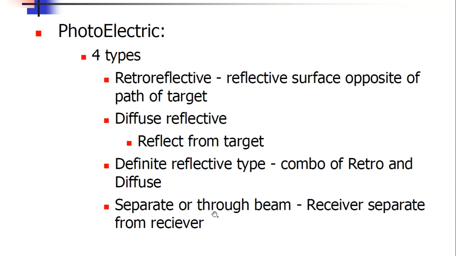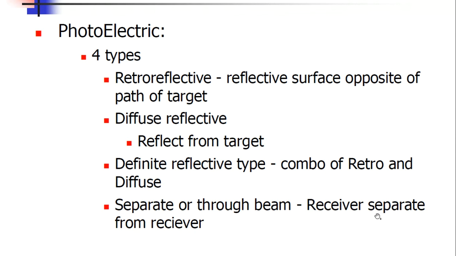Now, one place I see these a lot is an electric garage door. If you have an electric garage door opener, then at the base of the garage door you have a transmitter box, and that transmitter box transmits a beam over to the receiver box.